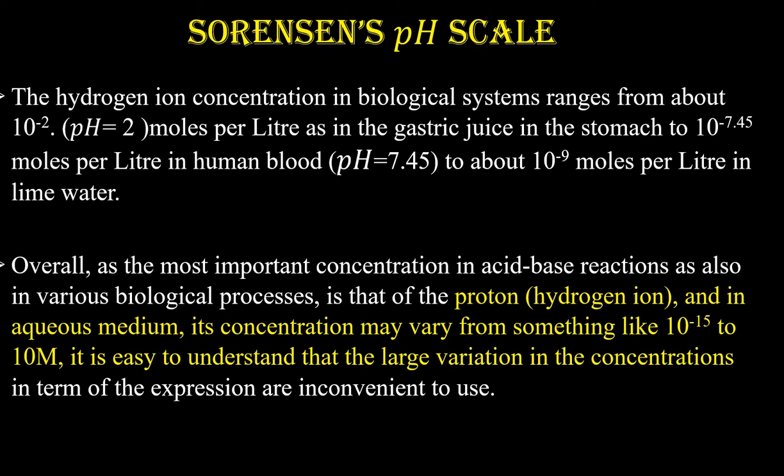Overall, the most important concentration in acid-base reactions, as also in various biological processes, is that of the proton, that is hydrogen ion, and in aqueous medium, its concentration may vary from something like 10 raised to minus 15 to 10 moles. It is easy to understand that such large variation in concentration is inconvenient to use.